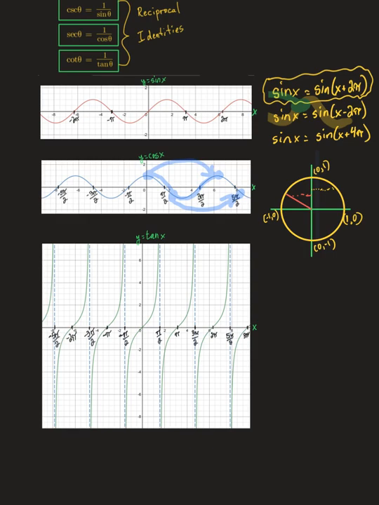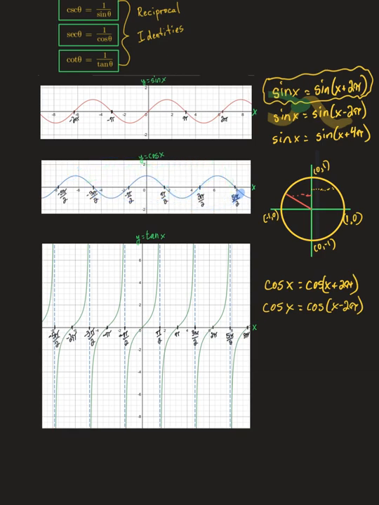So we can say, again, the cosine of x is equal to the cosine of x plus 2 pi, or the cosine of x minus 2 pi, or minus 4 pi, minus 6 pi. Any subtraction or addition of 2 pi or an even number of pi will be the same value.